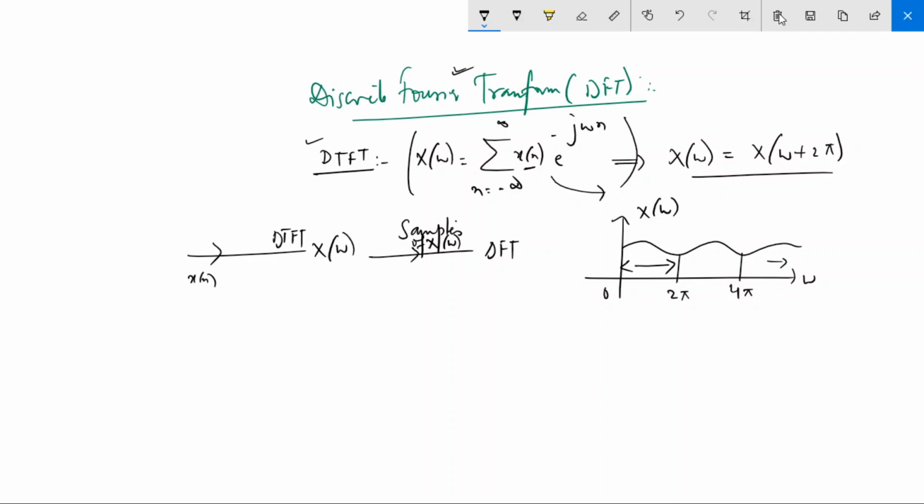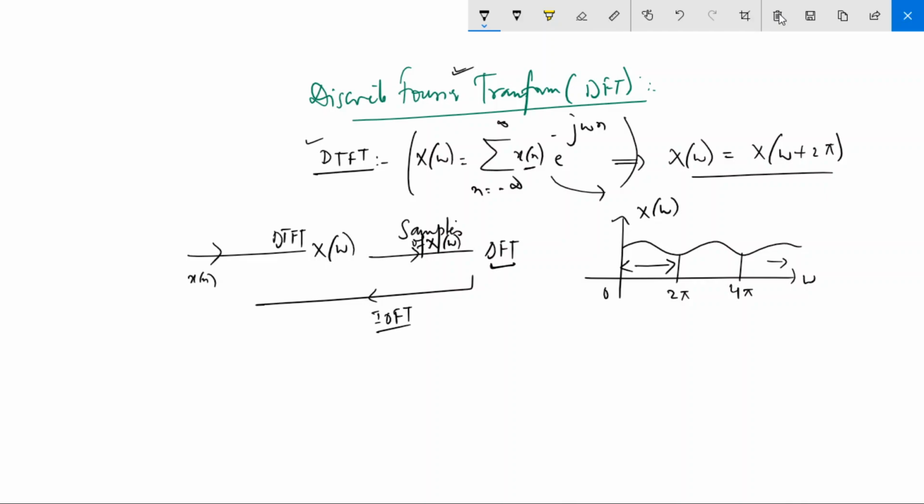And you must develop a relation so that you should be able to recover x(n) directly from the samples of its Fourier transform using the inverse transform, that will be IDFT, inverse discrete Fourier transform.